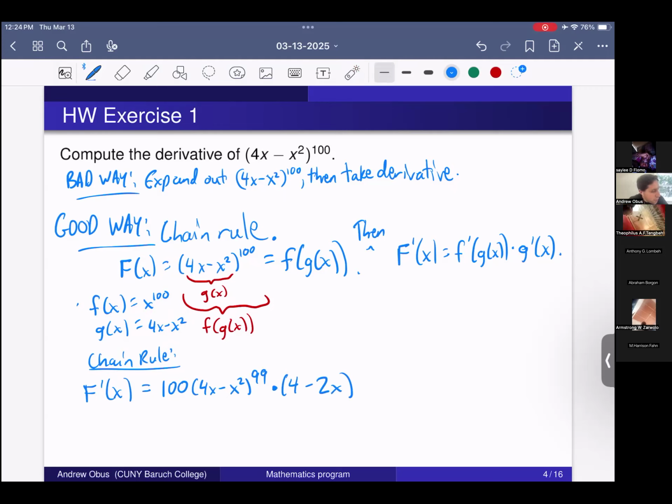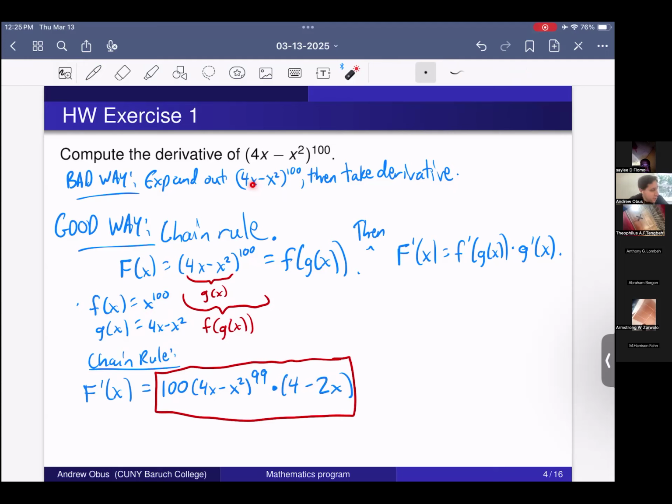Okay? So this is the answer for the derivative. It's still not that nice a formula, but at least we were able to come up with it quickly. It's 100 times 4x minus x squared raised to the 99th power, and all that times 4 minus 2x. Okay? And so this is how the chain rule works.